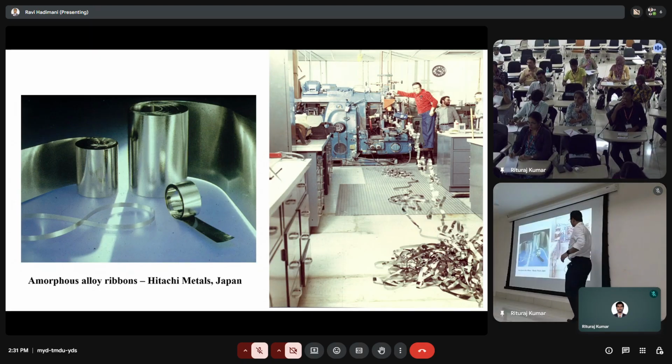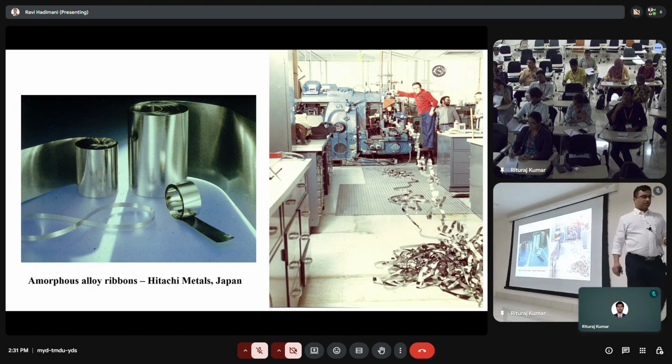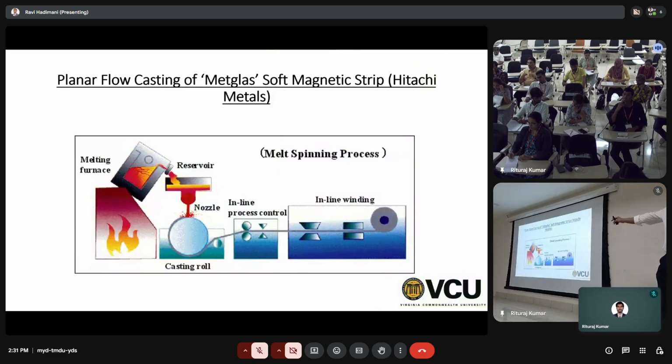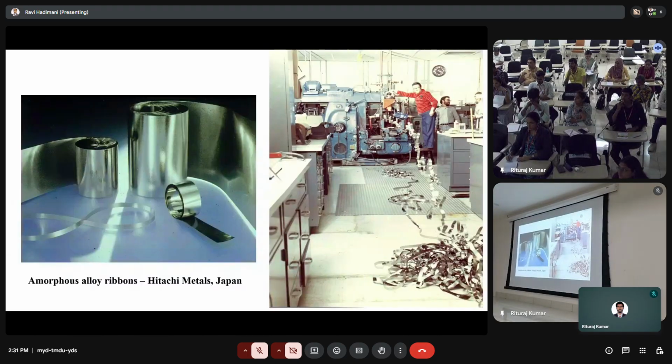This is quite an energy intensive process, because you have to heat the material to a very high temperature and then rapidly cool it on the spinning wheel to get this amorphous material. These are not just for magnetic materials. There are other types of Metglas as well, used for many niche applications, anywhere you need an amorphous metallic material.